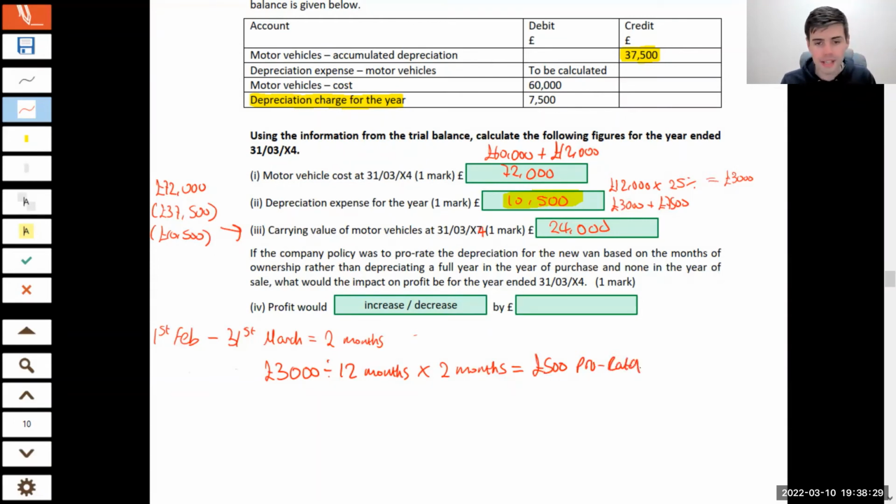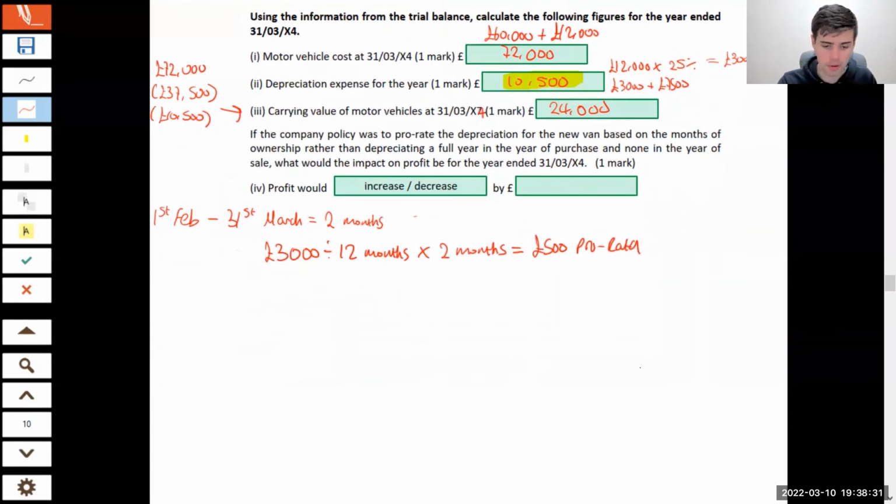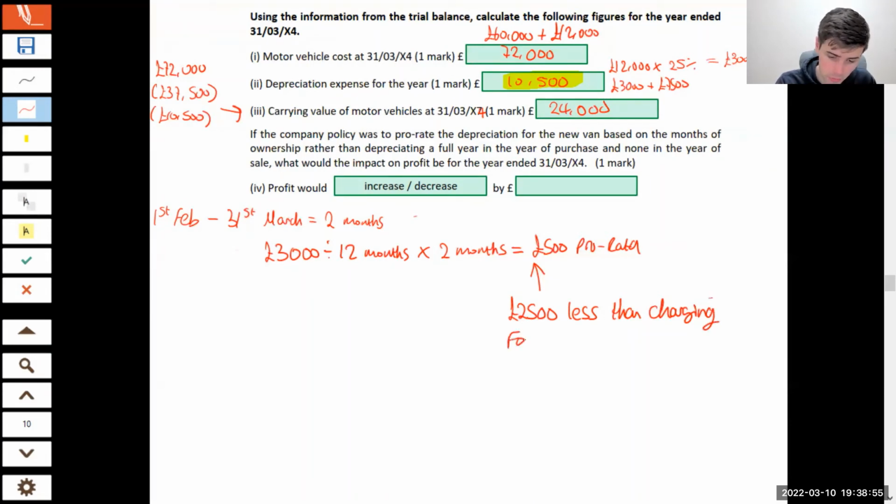Finally, all I need to do is compare them. So if I've got a £500 charge, it's pretty obvious, isn't it, that actually it's less, isn't it? But it's £2,500 less than charging for a full year.